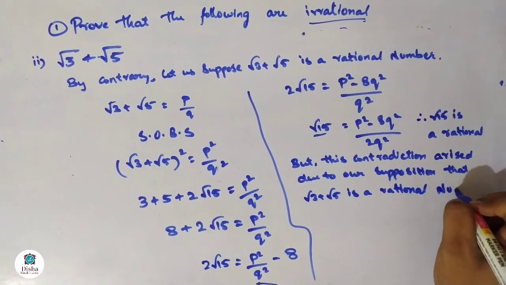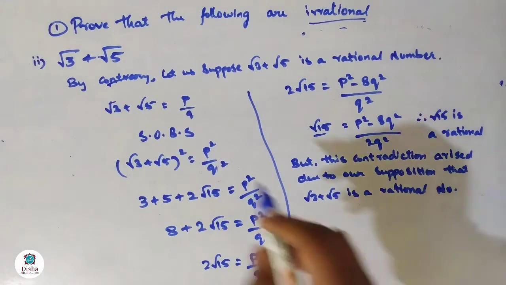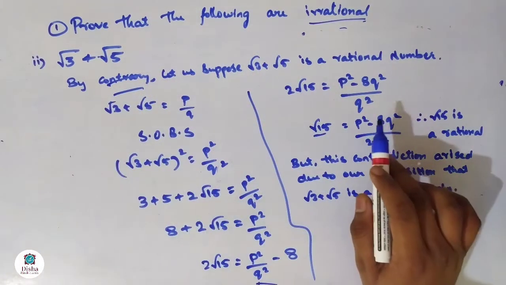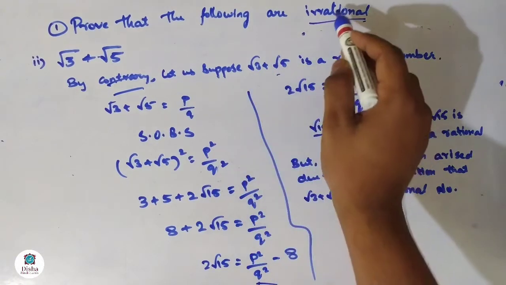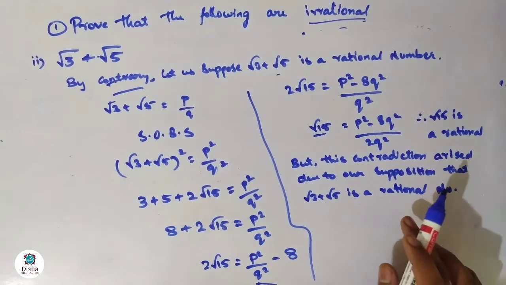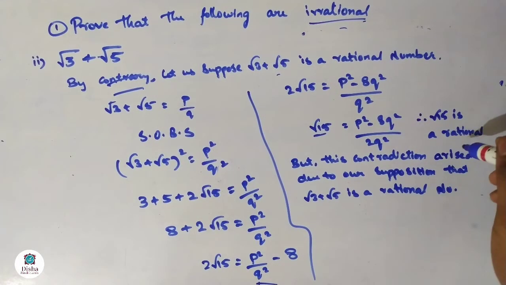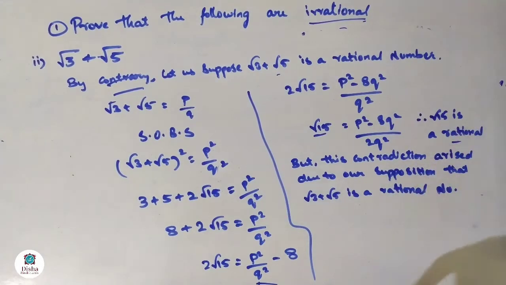We have supposed it because we have taken it as the opposite, due to contrary. So contrary means we have taken the opposite of root 3 plus root 5, that it is an irrational number, but we have taken it as a rational number. So we have got the result as a rational number. So we have done the opposite way.